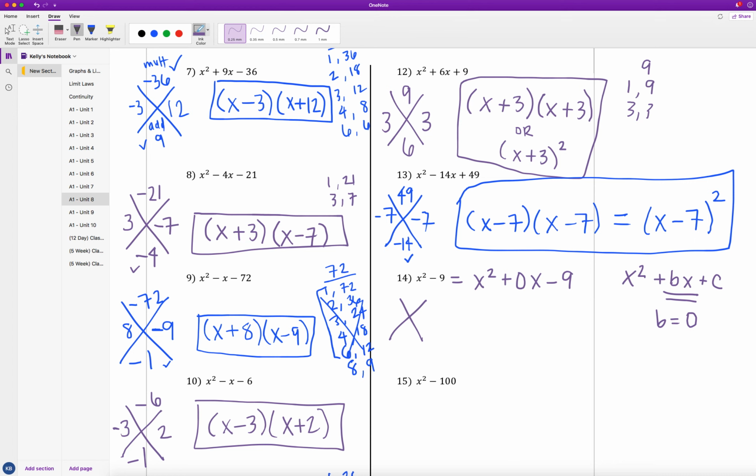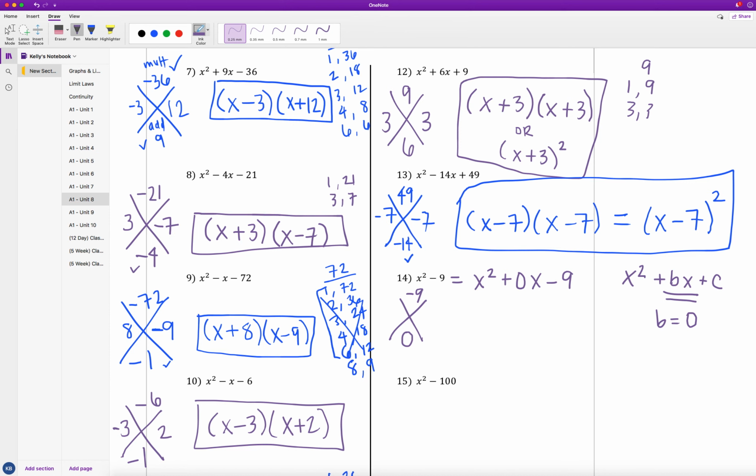So in this case, what I would have is I'm multiplying still to be my c. So I'm multiplying to be negative 9, but I'm adding to be 0. Well, the only way that I can add two numbers and get 0 is if the numbers are opposites of each other. So I'm looking for two numbers where one is positive and one is negative, and they have the same absolute value.